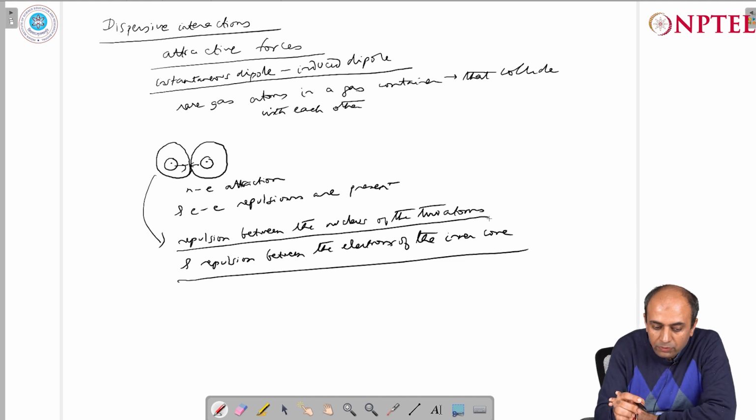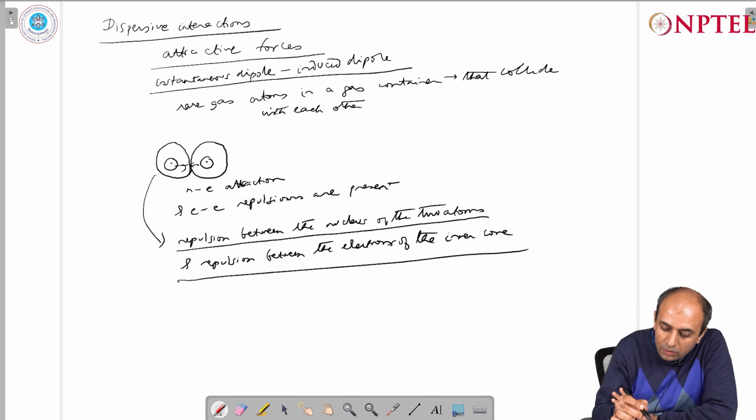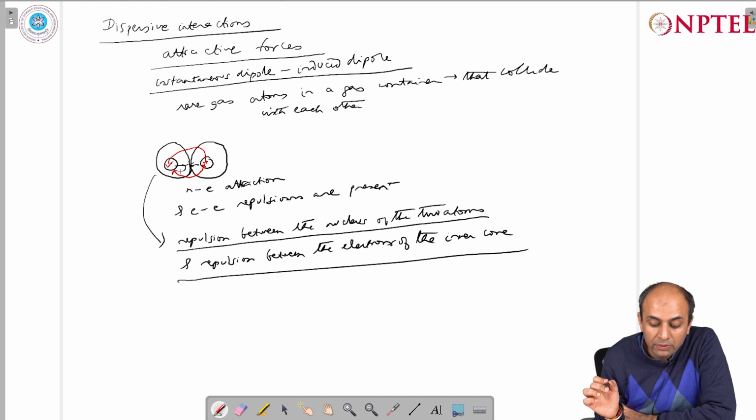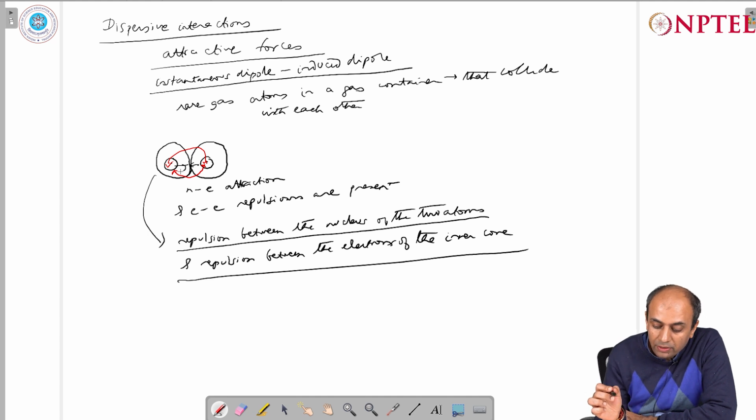You have repulsion between the nuclei, and you also have repulsion between the electrons of the inner core, and this is the origin of repulsive forces.